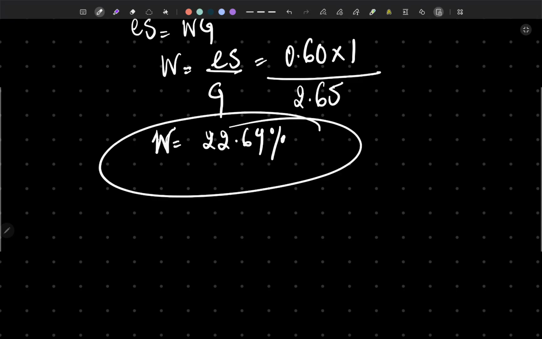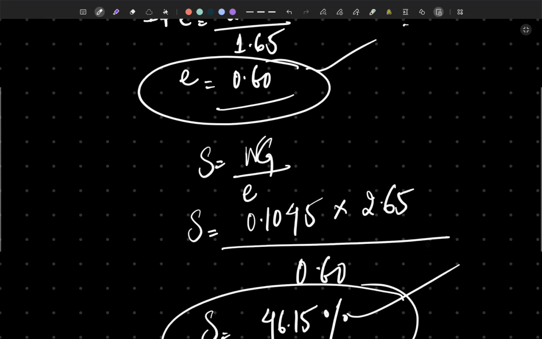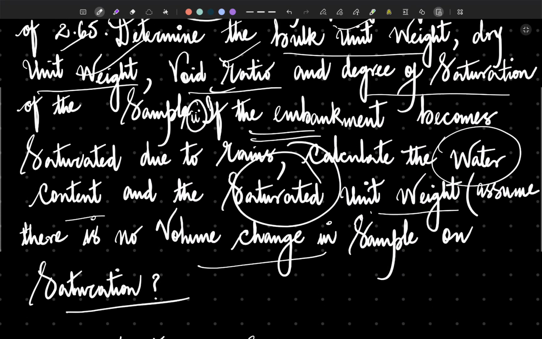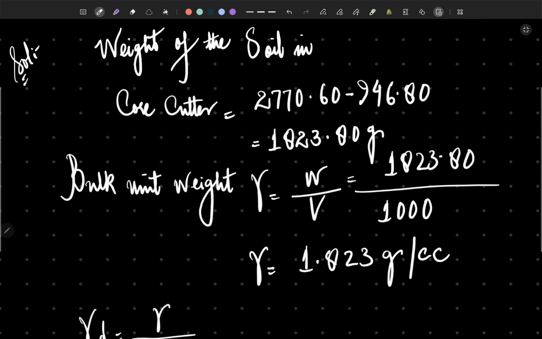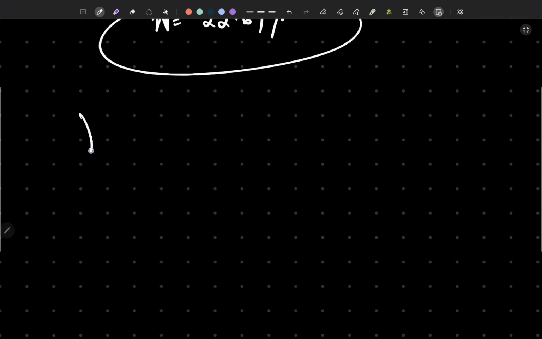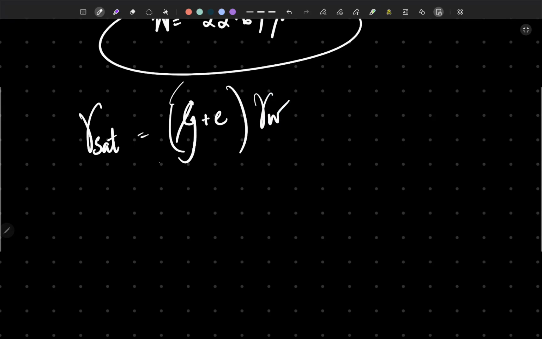All right. Thereafter, one more thing the question demands is to find the saturated unit weight. Water content we have found. Now we will find the saturated unit weight using the equation: it is equal to G plus e, times unit weight of water, divided by 1 plus e.